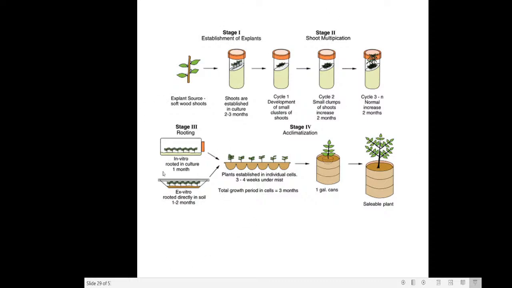Then rooting: individual shoots are placed in a medium, and they form roots. The rooted plants are acclimatized, and then the plants are replaced in a pot containing soil.